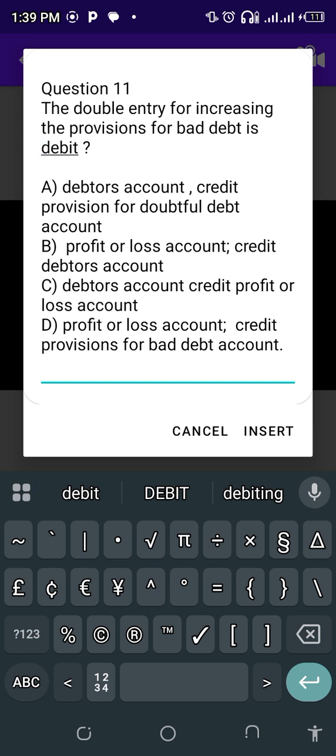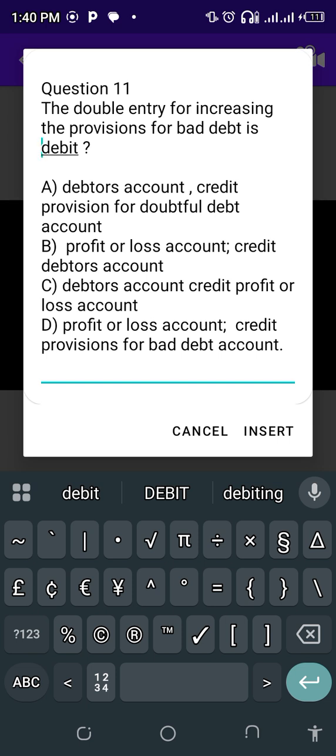So the double entry is to debit the profit or loss account by the increase, and credit the provision for bad debt account. Provision for bad debt account is a revenue account. It has increased. An increase in a revenue item is on the credit side.